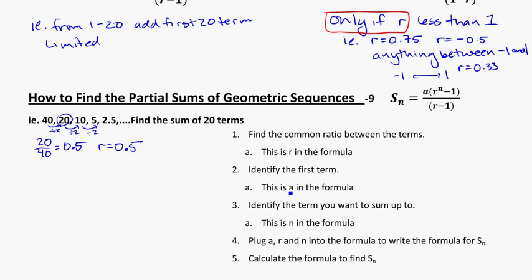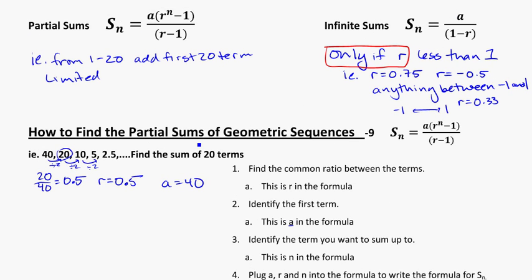Next thing that I'm going to do is find my first term in the sequence, which in this case is equal to 40. And if we look at our formula up above, we just need a, r, and n. So n that we're looking for is the sum of 20 terms. So we want the first 20 terms. That tells me that n is equal to 20.